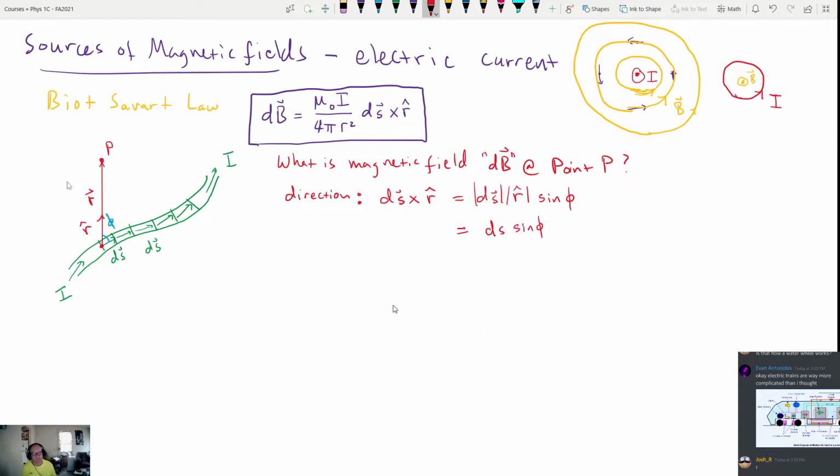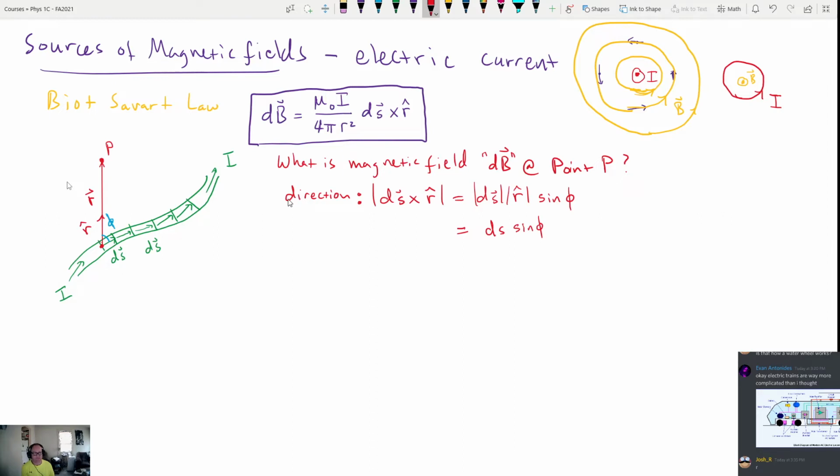Can you tell me what's the direction of ds cross r hat? All I've done here is find the magnitude. What's the direction of ds cross r hat, if you use the right-hand rule? It's either into the page or out of the page. Which one is it? This one should not hurt your hand.